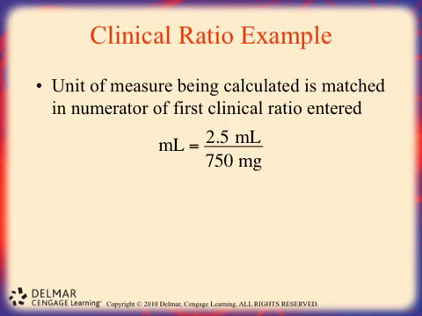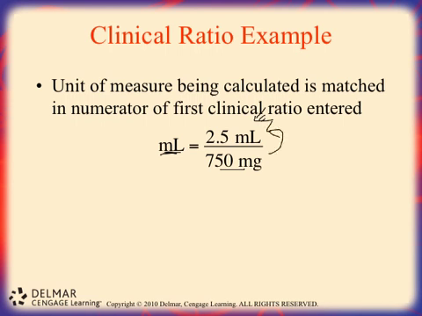The next step then is to match your numerator right here with your unit of measure that is to be calculated. So in what we have available, we had 750 milligrams in 2.5 milliliters.